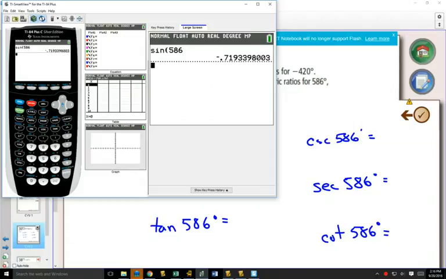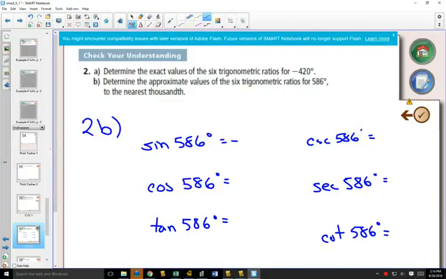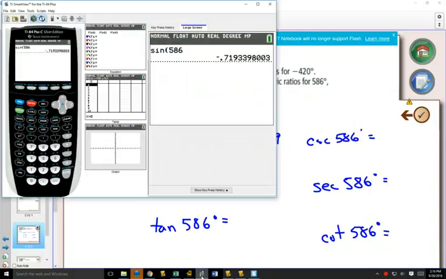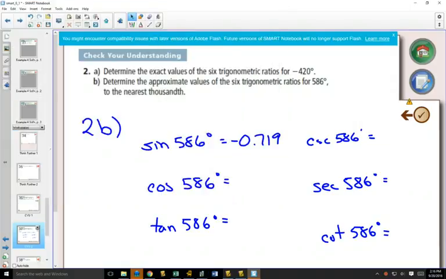So we can write that in, negative 0.719. Cos of 586 degrees, negative 0.695.